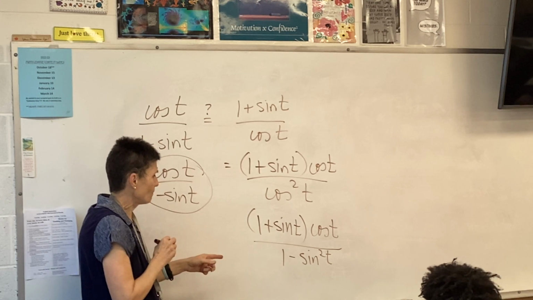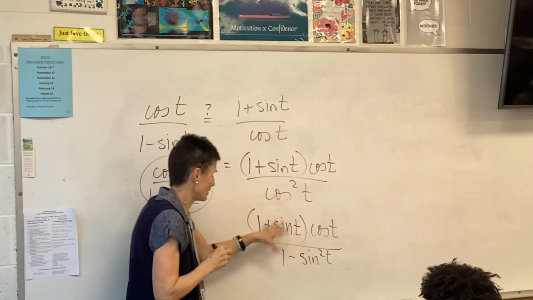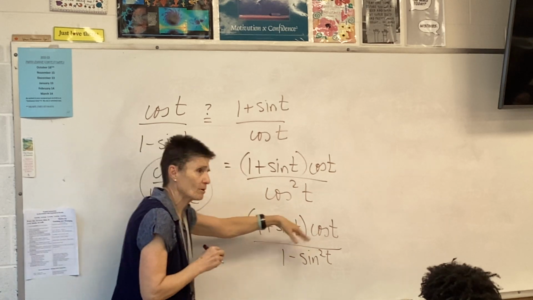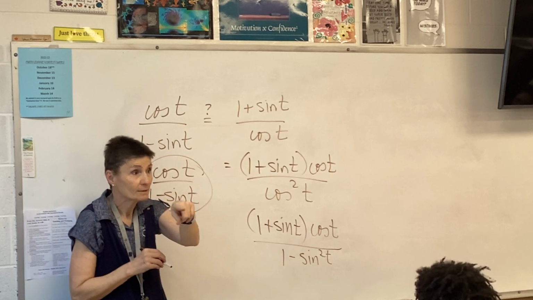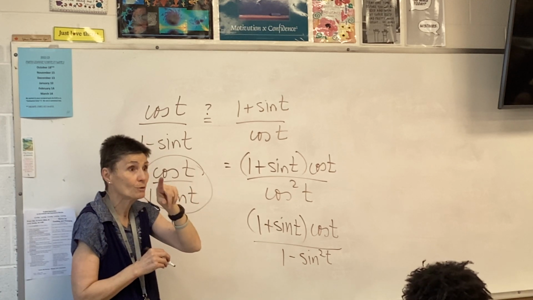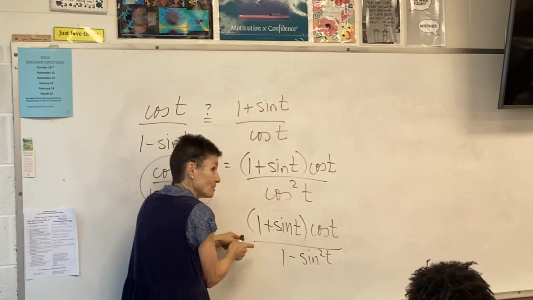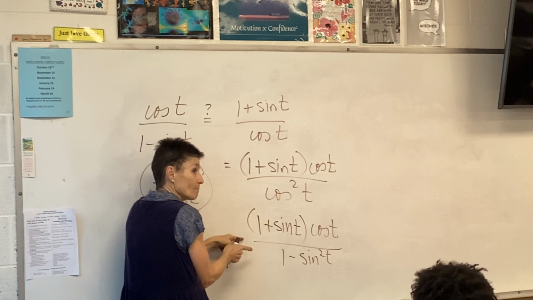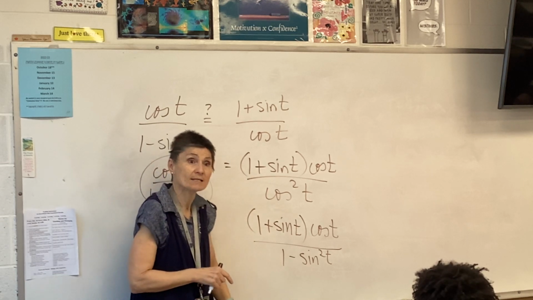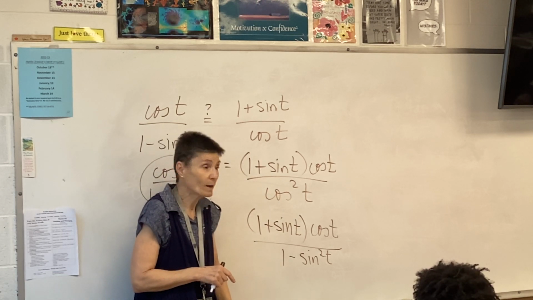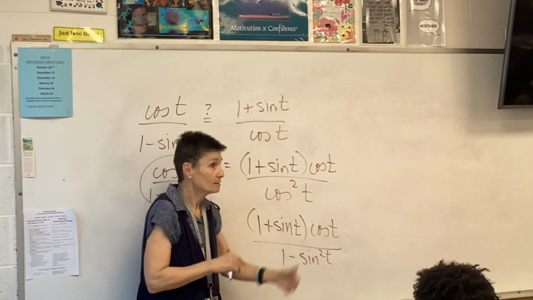Wait a second though. There's too much stuff here. Something had better cancel over here, right? But what did I tell you? Oh, I gotta factor it. No canceling until you factor. So what factors in that? 1 minus sine squared is the difference of squares, isn't it?